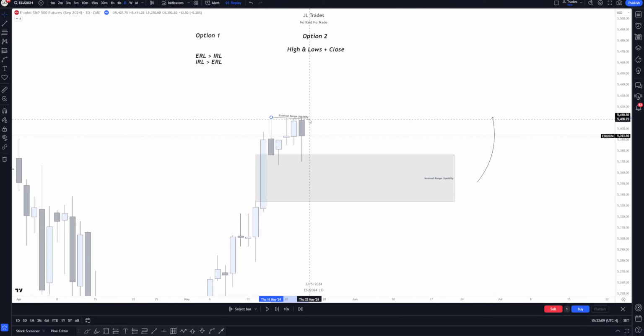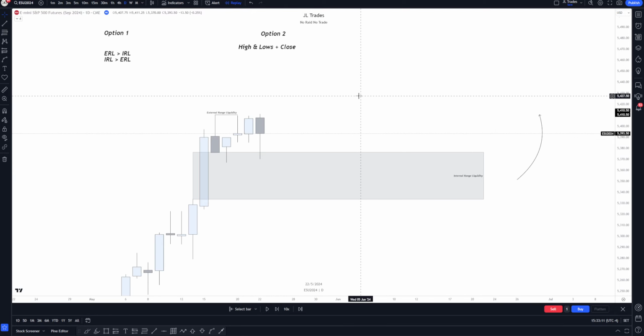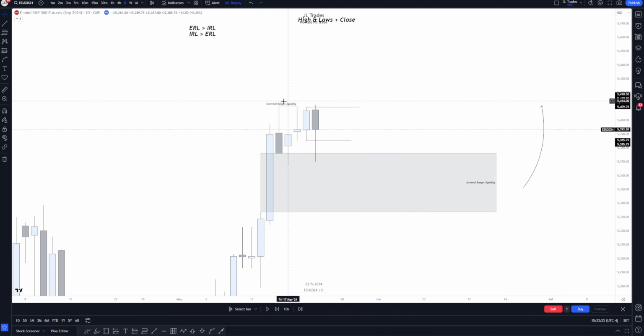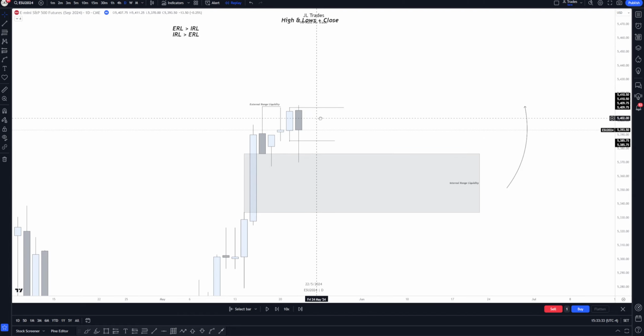Okay, so I'm just going to move this over to the side. Okay, I'm going to zoom in and I'm going to mark out previous day high and the previous day low. So we take previous day high, we've also taken previous day low, but we've closed in a bearish candle.